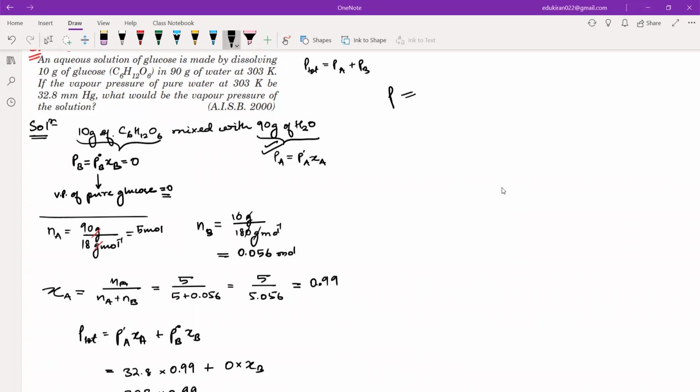Here the pressure is equal to P naught A, or for B, P naught B into chi B. So K H and P naught B are kind of the same. So Raoult's law is also known as a special case of Henry's law. You'll understand that point also.